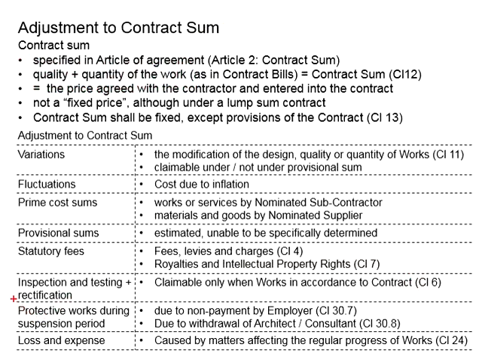Next one is the protective works during the suspension period. You know that the suspension of the work here can be due to two main reasons. The first one is when the employer does not pay the contractor for the work that is being done. Now this is the fault of the employer, not the fault of the contractor.